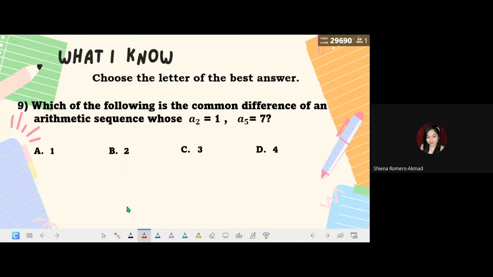For number 9, so the following is a common difference of an arithmetic sequence. Sa tingin ninyo, ano yung common difference ng arithmetic sequence? Is it 1, 2, 3, or 4?